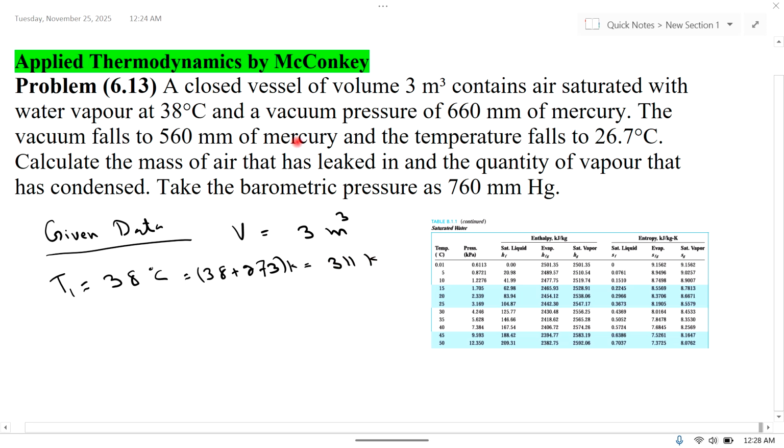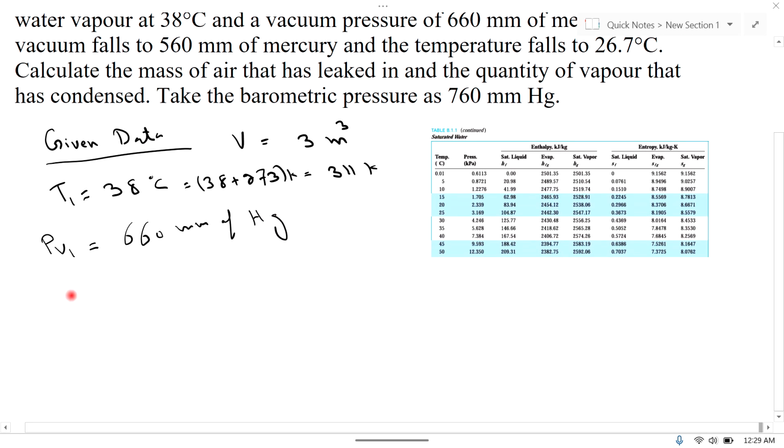and a vacuum pressure of 660 millimeter of mercury. Vacuum pressure means P vacuum 1, initial vacuum pressure, is equal to 660 millimeter of Hg, and so we know that P1 is equal to barometric pressure minus vacuum pressure.